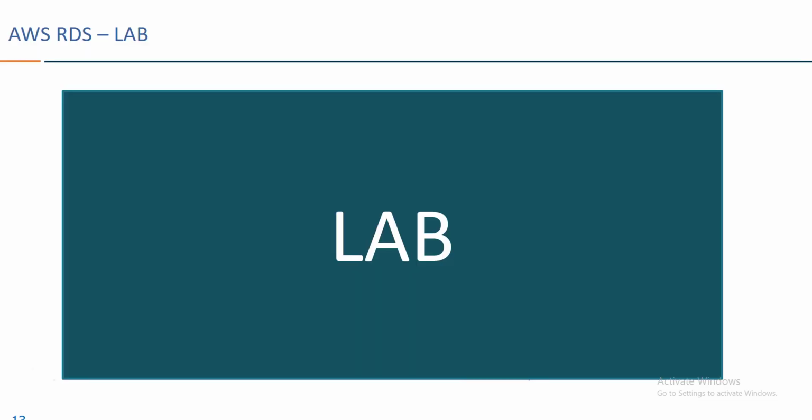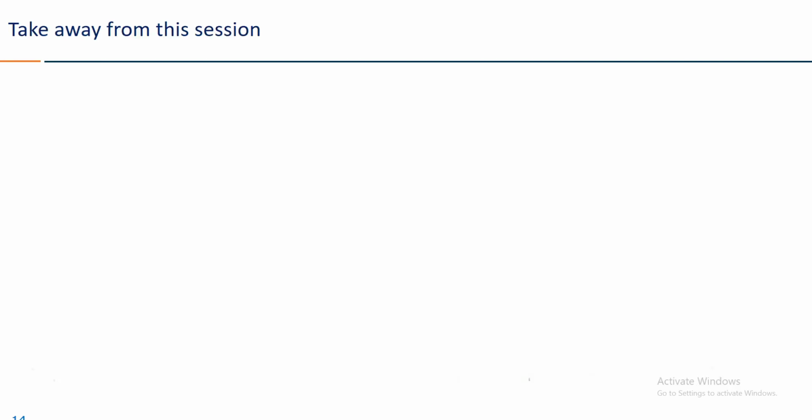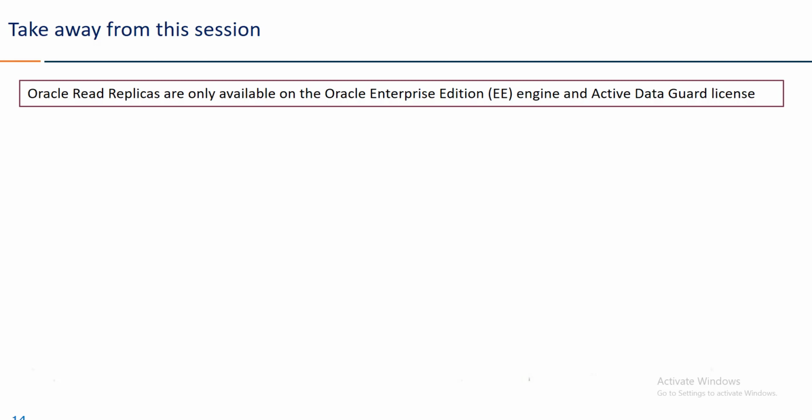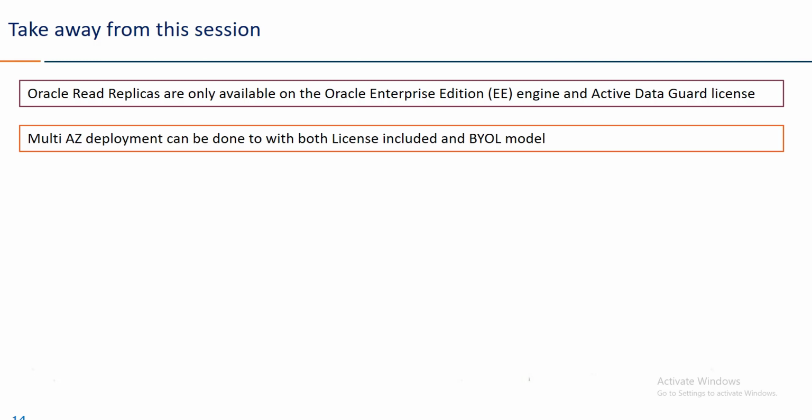Now I am not going into detail because I will create a separate video for operational activity in Oracle RDS. So the takeaway from this session is: Oracle read replicas are only available on the Oracle Enterprise Edition engine with the Active Data Guard license. Multi-AZ deployment can be done with both license-included and BYOL models.